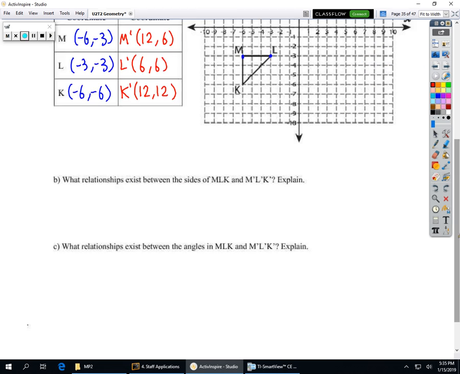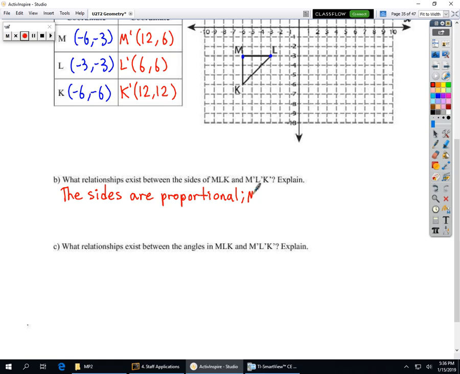The questions we got here then: what are the relationships between the sides, and what are the relationships between the angles? This question definitely happened on a previous test. Well, we know the sides are proportional. What does that mean?